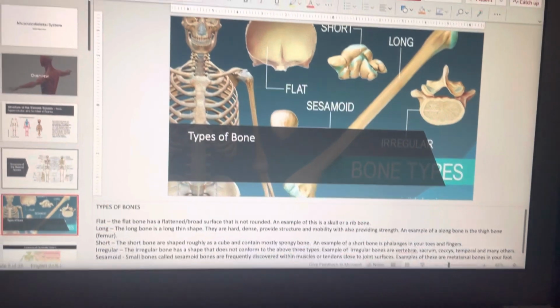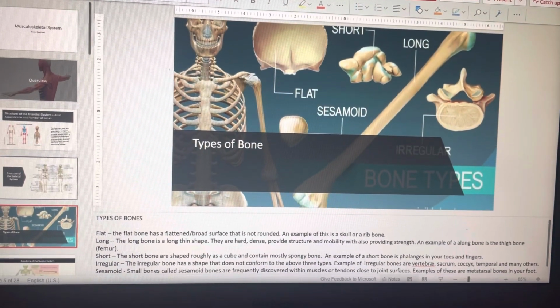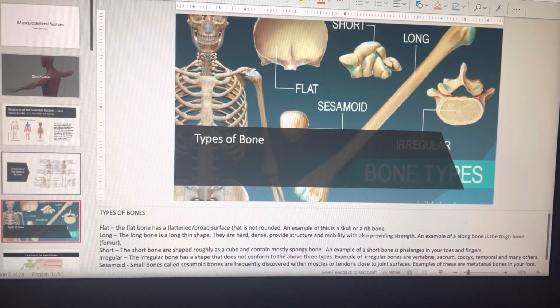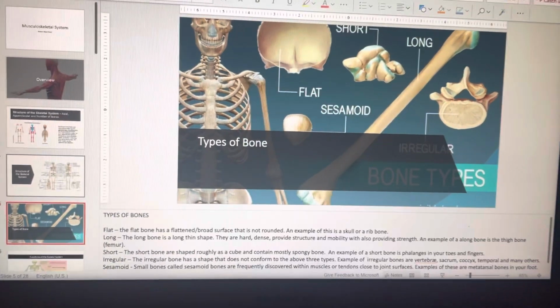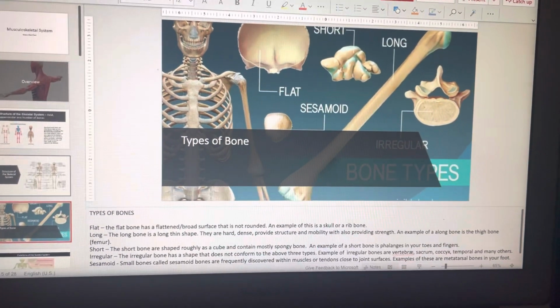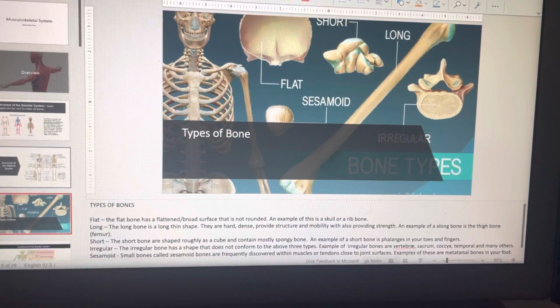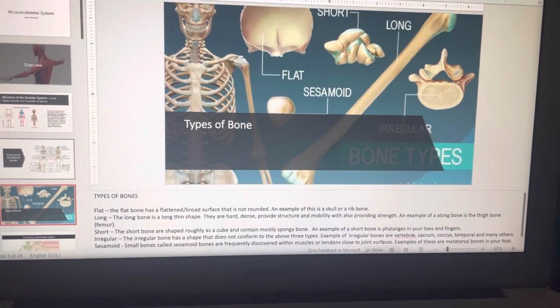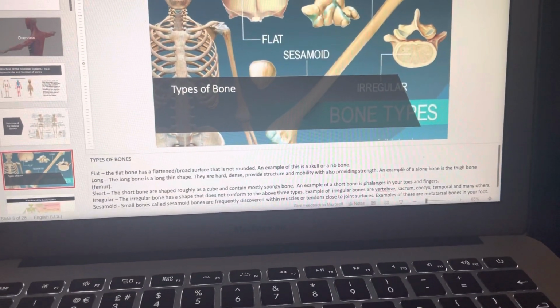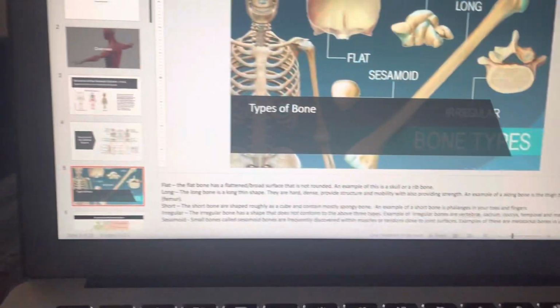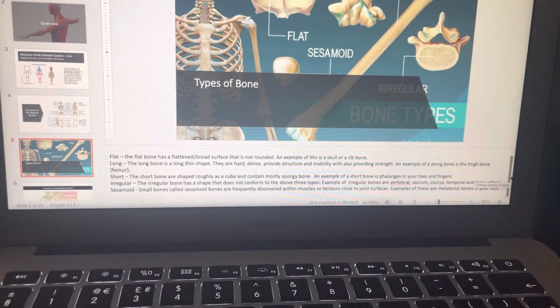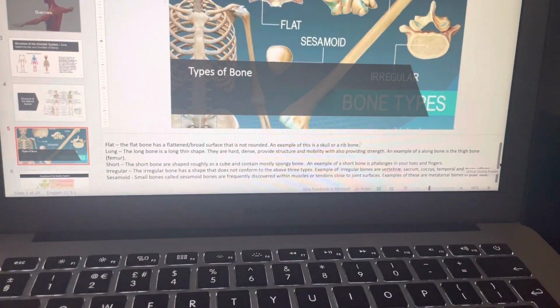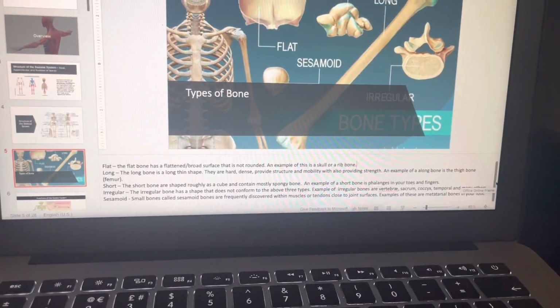A short bone. The short bones are shaped roughly as a cube and contain mostly spongy bone. An example of a short bone is phalanges in your toes and fingers. Irregular bones. The irregular bone has a shape that does not conform to the above 3 types.